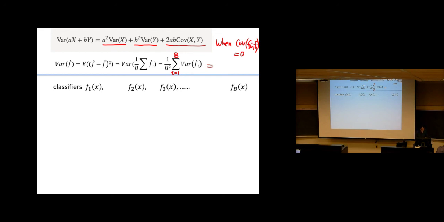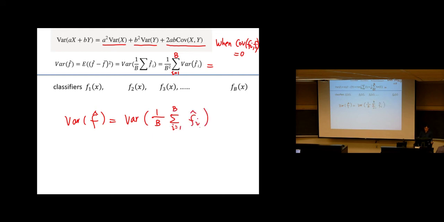Let me write it down here. The variance of F hat, which is the bagged version, is the variance of 1 over B, summation of i from 1 to B, Fi hat.